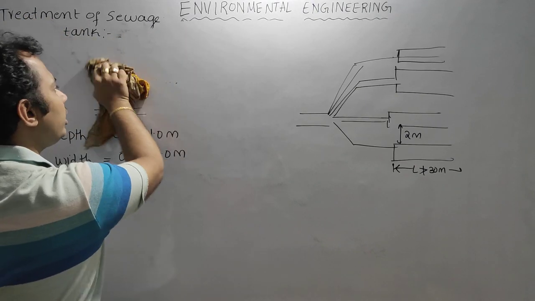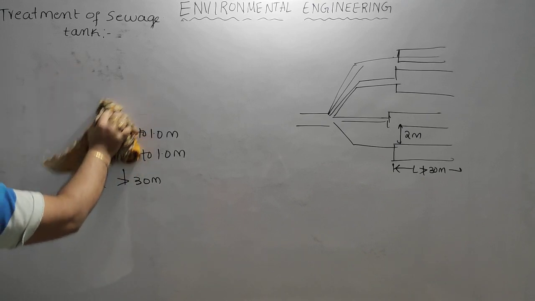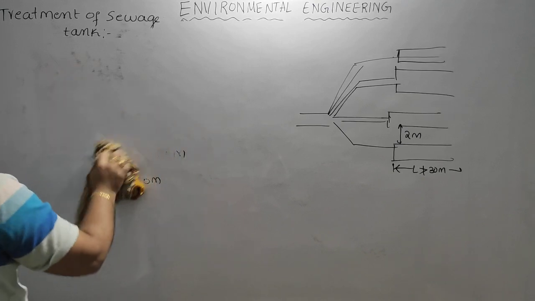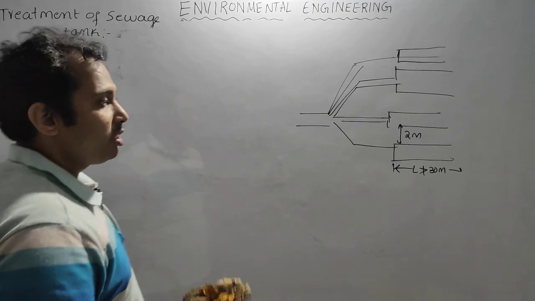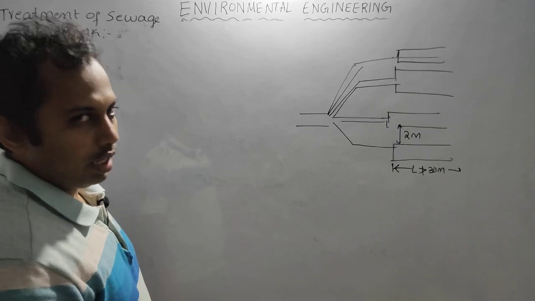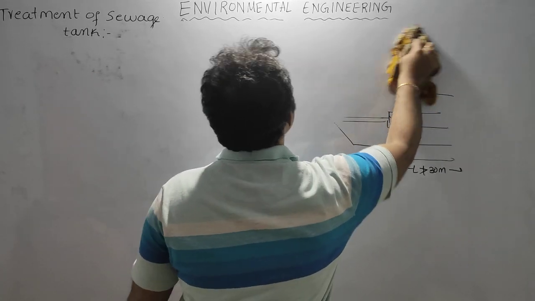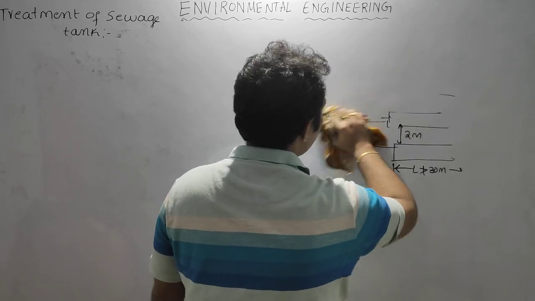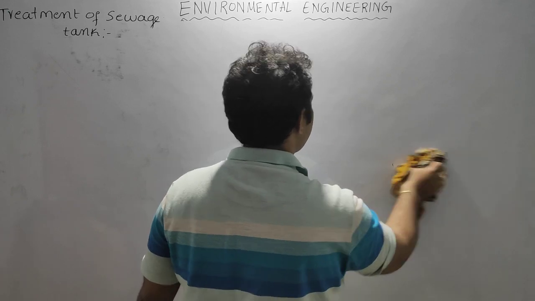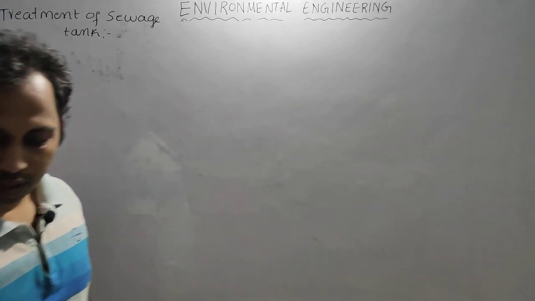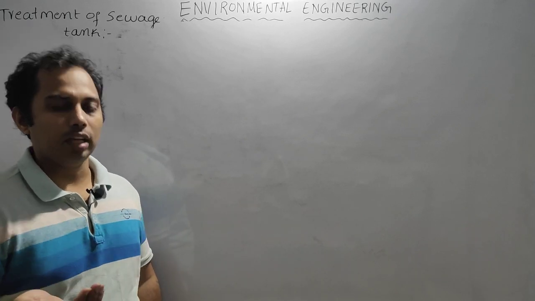The Imhoff tank is a kind of improvement we made to the septic tank, because in a septic tank the settling zone, that means the sedimentation tank, and the sludge digestion tank are both combinedly working. In the Imhoff tank, we generally separate them. There will be a separate sedimentation tank kept inside, so we separate the sedimentation zone and the sludge zone.